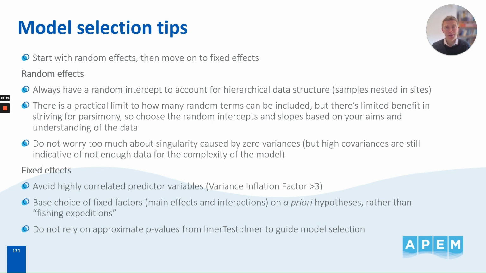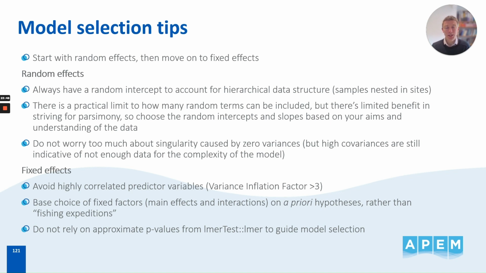We also looked at the problem of singularity, which occurs when the model is potentially too complex for our data. Singularity can arise in two ways, either when some of the random variances approach zero, or when we have high covariances between the random intercepts and slopes. Zero variances tend not to be too much of a problem when it comes to model selection.